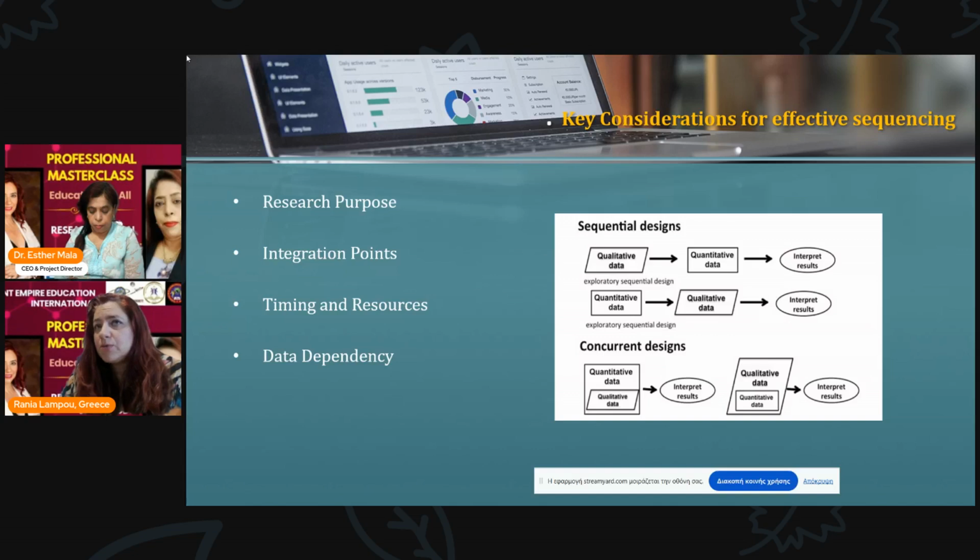Then you consider the project timeline and feasibility of conducting phases sequentially or concurrently, timing, resources, and data dependency. Sometimes one phase depends on results from the other. For example, qualitative themes used to develop a survey.